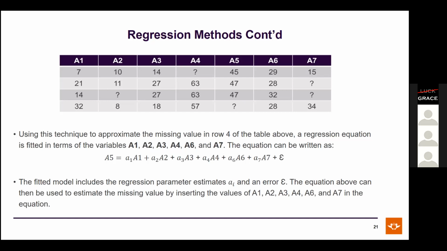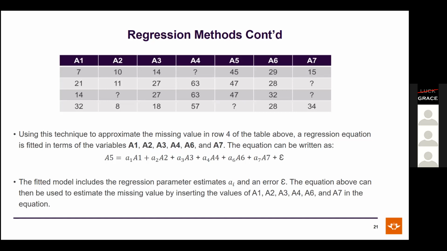So you have a range, lower bound, upper bound. That's what the error would do. So that would be the equation to get A5 for row 4.